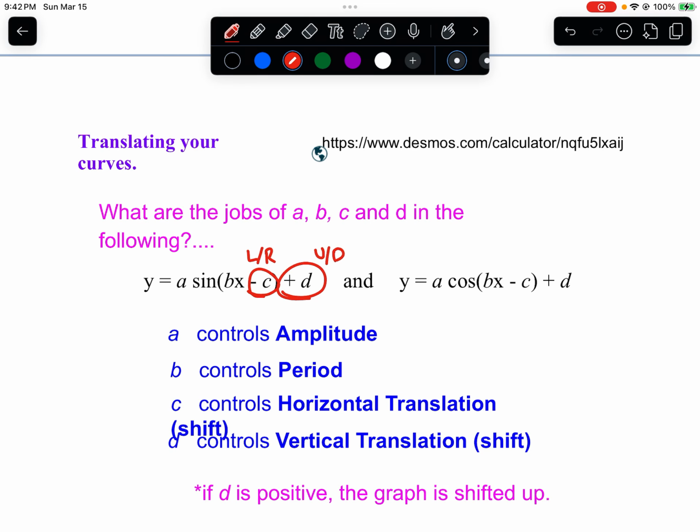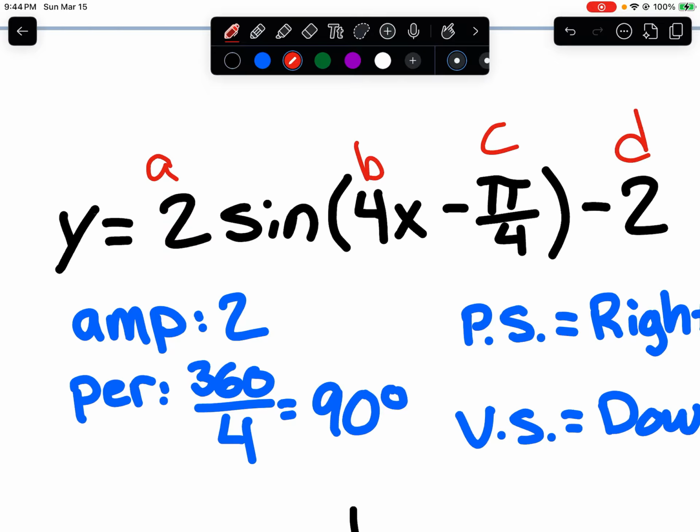So just like in the first part of this video, our amplitude with that 2 in front is going to be 2. And then our period, since I'm not given the period with a b value of pi, I'm going to turn it into degrees. So I'm going to go 360 divided by 4, because that's my b value. That's 90 degrees. Okay, so that's my period.